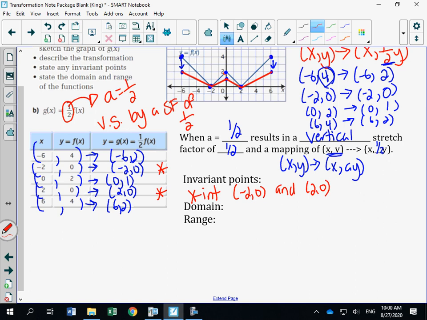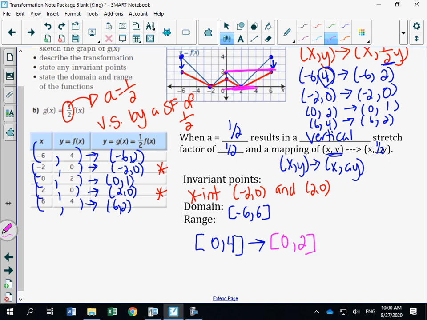The domain, again, the domain of this graph did not change. So it went from -6 to 6. The range of this graph did change. Let's do the range of the original graph again. The original graph was 0, the smallest y value is 0, the biggest y value was 4. And our new range, the smallest y value is 0, the biggest y value is 2.